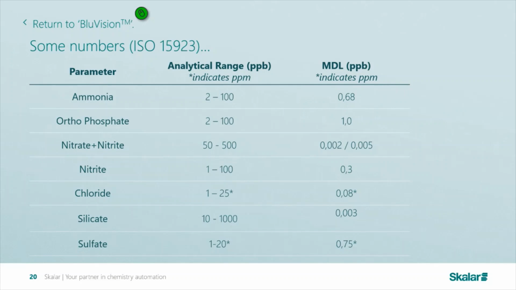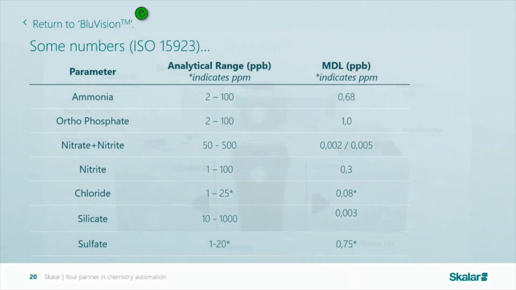Of particular interest are the sub-ppb MDLs for ammonia, as well as nitrate and nitrite, and 1 ppb for phosphate. The additional value of this is that it allows meaningful results to be achieved even at these trace levels in an analytically correct and robust way.